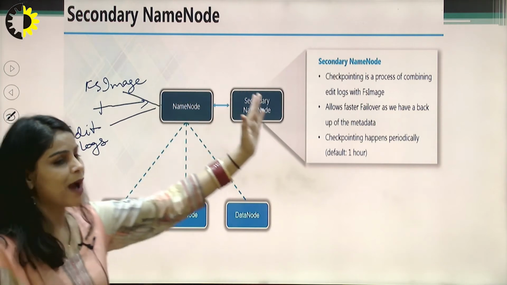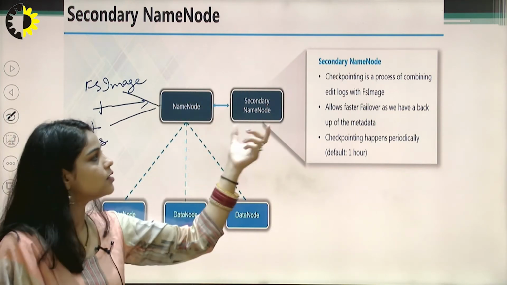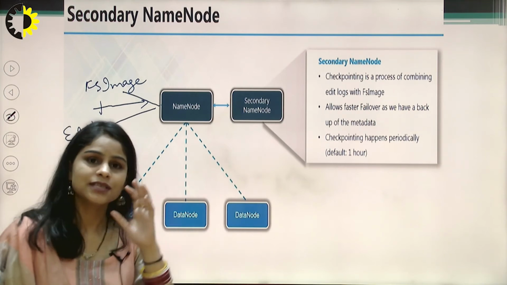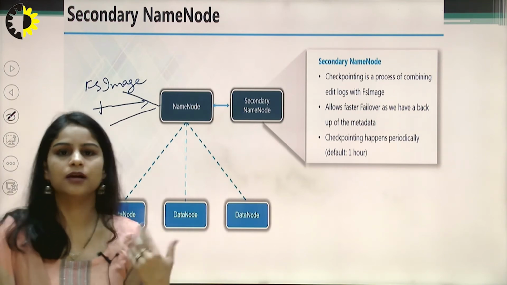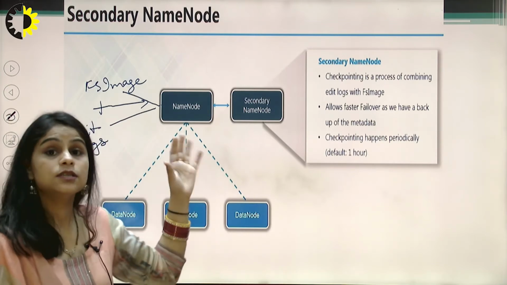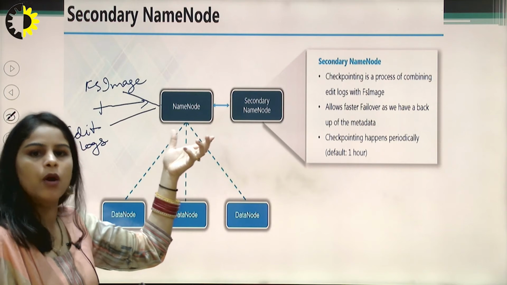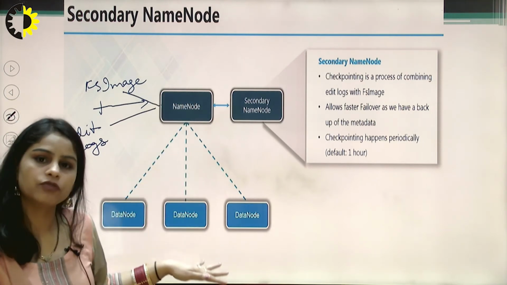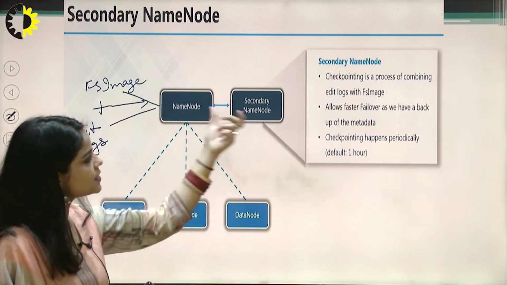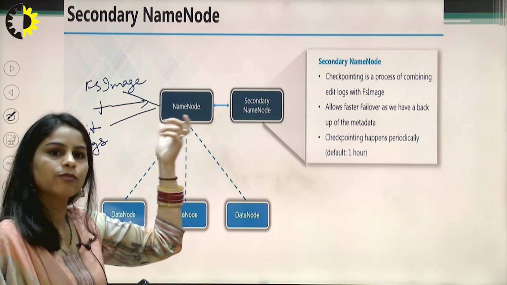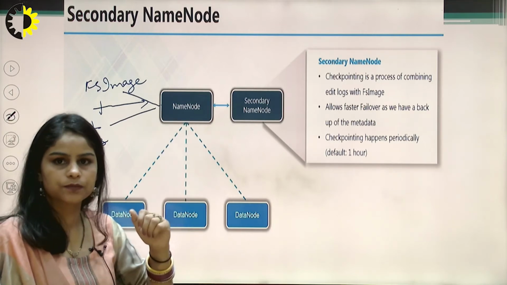As you can see, in parallel, we also have a secondary name node in the background. Now, the secondary name node stores metadata about the name node. Because name node was storing metadata of data nodes, in the same way, secondary name node stores metadata of name node.